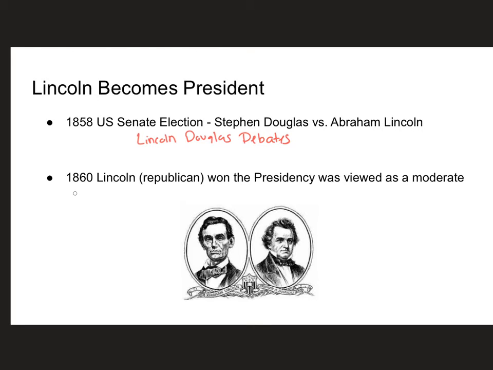One of the things Lincoln was known for saying was that a house divided against itself cannot stand. Really what he's saying here is that he wanted to try to avoid war at all costs.